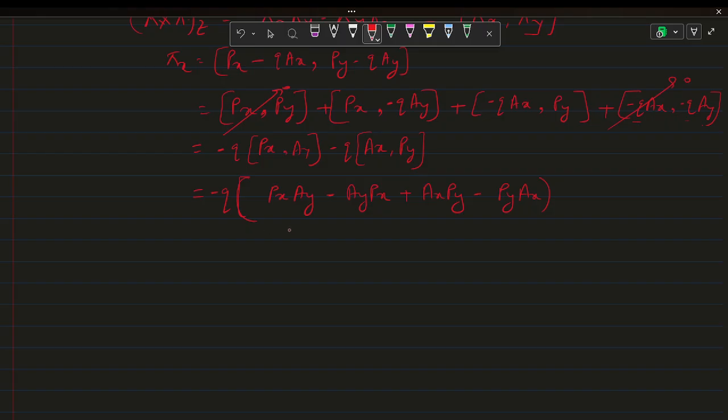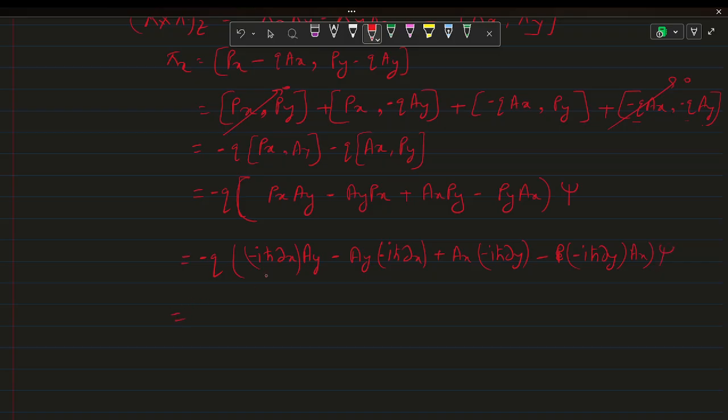Now operate this on a wave function psi. What we will get: minus q, and now px is equal to minus I h cut del x, ay minus ay minus I h cut del x plus ax minus I h cut del y minus minus I h cut del y ax, to whole psi.